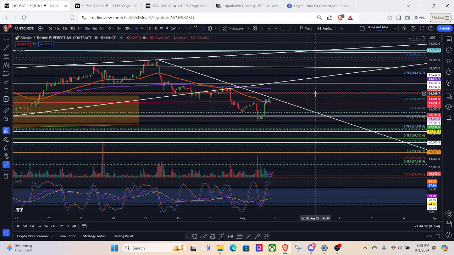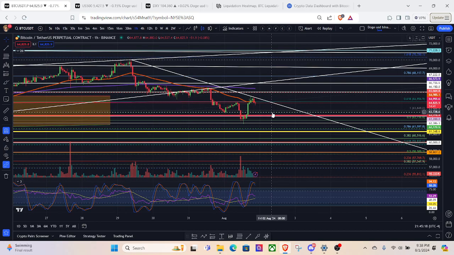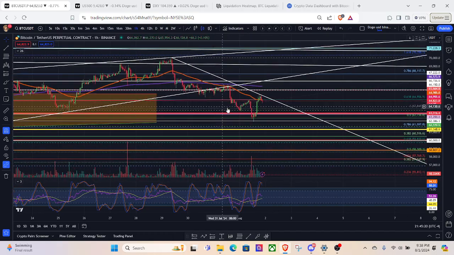The macro bull support is just below that target range, so it's not that far of a drop to realize we're failing a bullish pattern on the macro and losing the weekly 50 MA. It's time to get out of this trade. So that's my plan for trading Bitcoin with these patterns we're talking about.